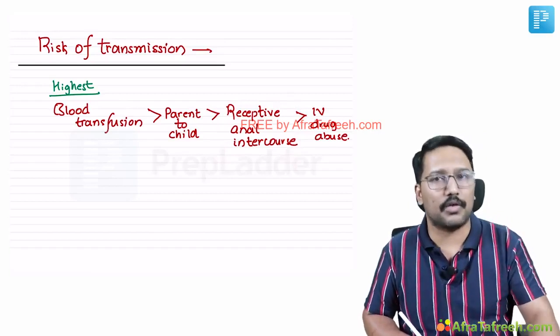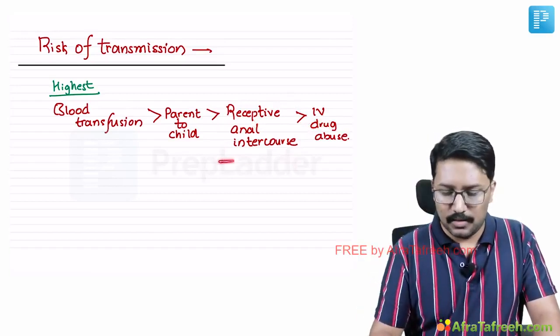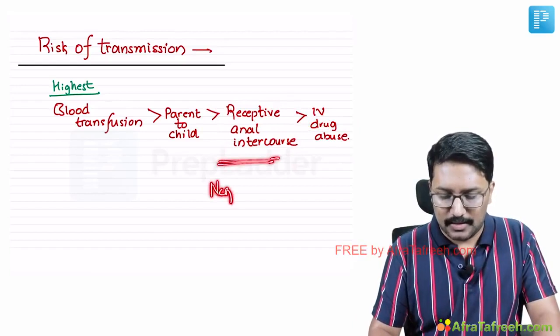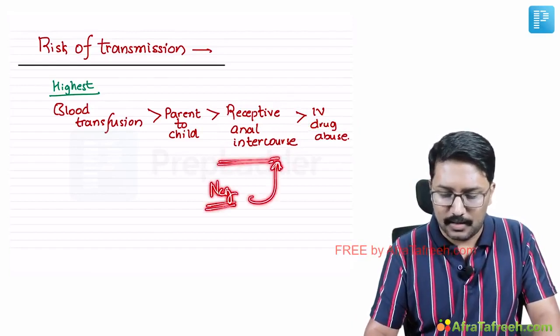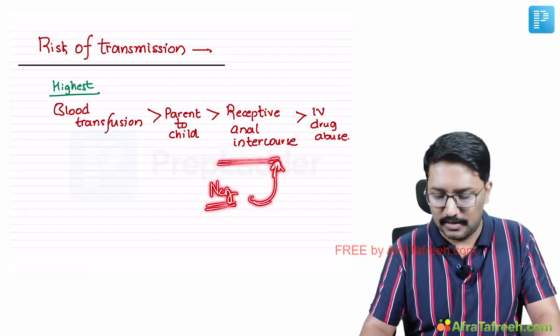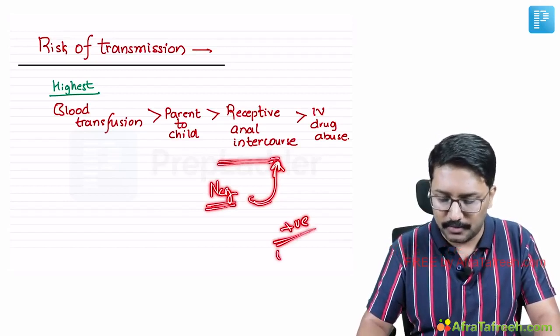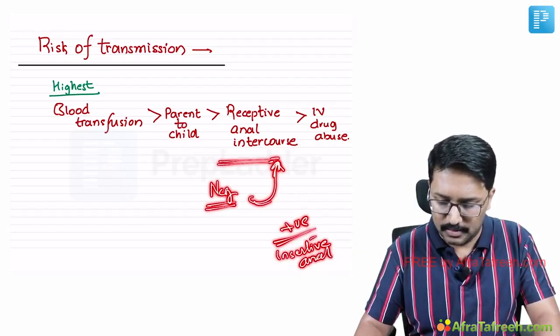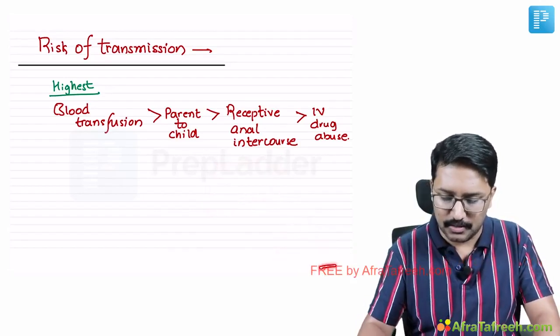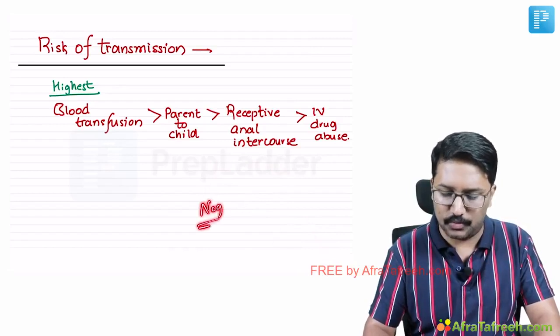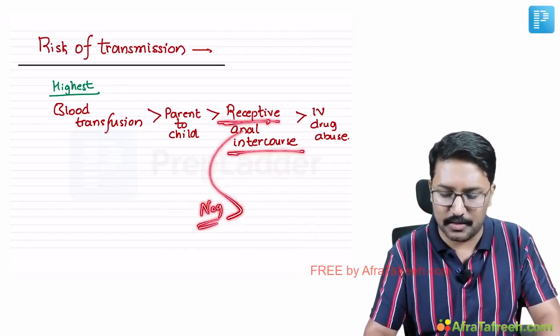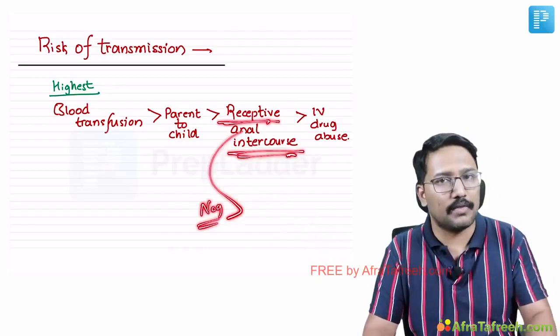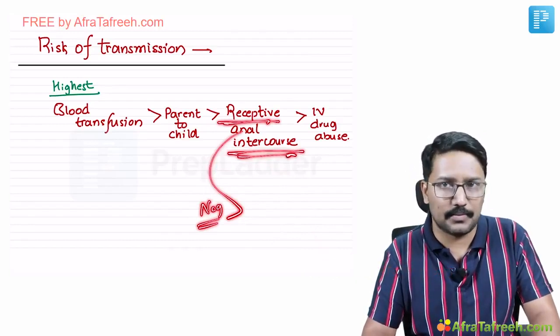That means here we are talking about a patient who is negative and is involved in receptive anal intercourse, and the positive patient is involved in insertive anal intercourse. In such a situation, the one who was negative, who is engaging in receptive anal intercourse, runs the risk of acquiring HIV infection, right?